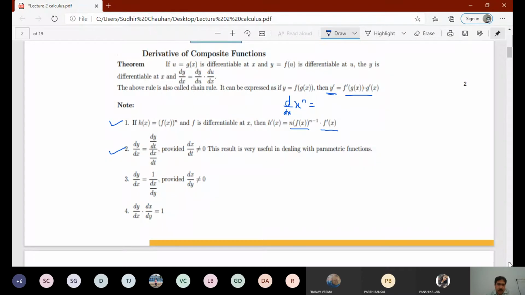Number 2, dy by dx. If y and x are functions of t, we can write dy by dt divided by dx by dt, provided y and x are functions of t. So y is separately a function of t and x is also a function of t.